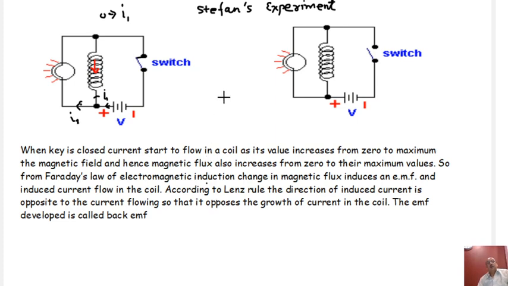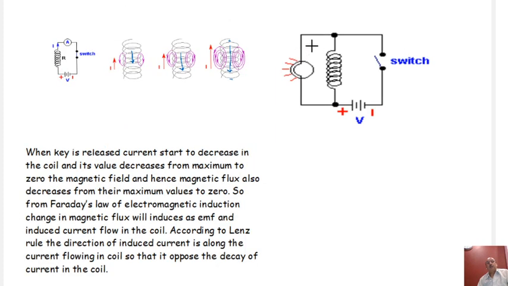And in the second part of the experiment, if we open the switch, the current will start to decrease from I1 to 0 through the coil.